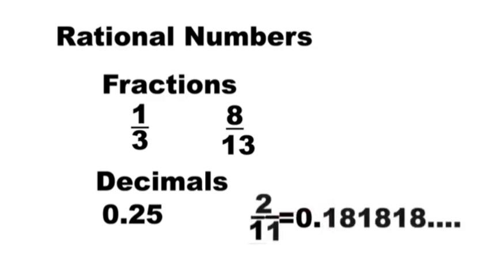So decimals include a repeating pattern, but sometimes not terminating. We have here 2 divided by 11, or 2/11, is equal to 0.181818, and so on. We just put a bar at the top of 0.18 to indicate this is repeating without ending.